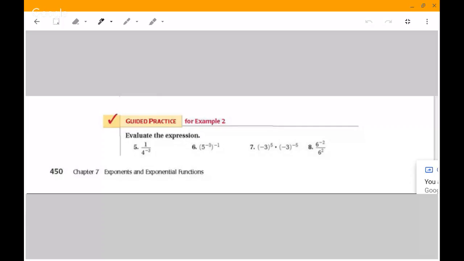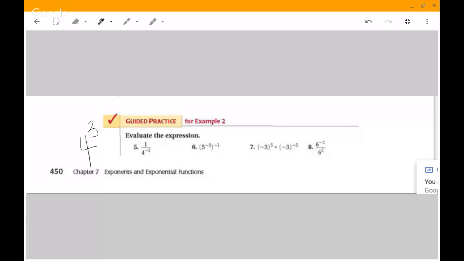Okay, this one, we've got 1 over 4 raised to the negative 3 power. So when the negative is in the denominator of the fraction, you're going to work with its reciprocal. So that 4 is going to go to the top. That's going to be 4 raised to the 3rd power.